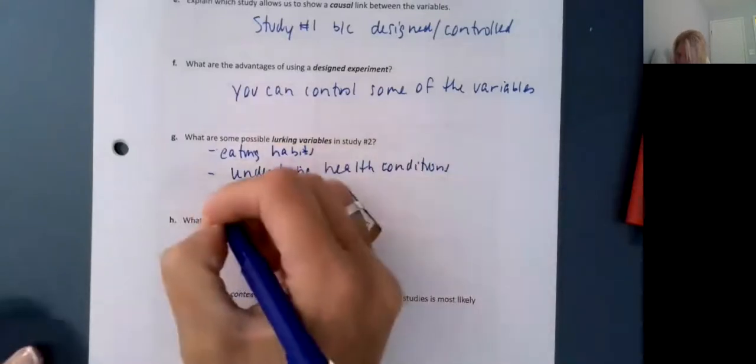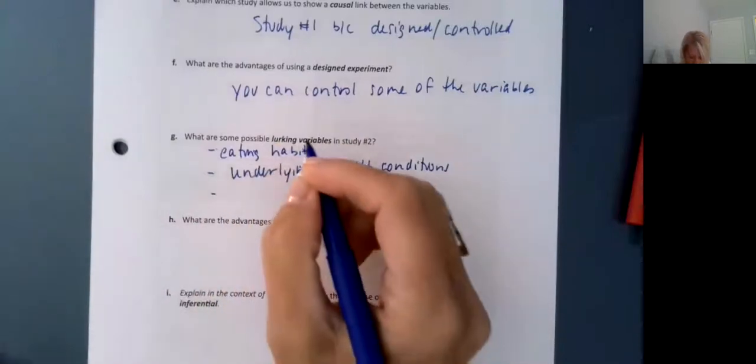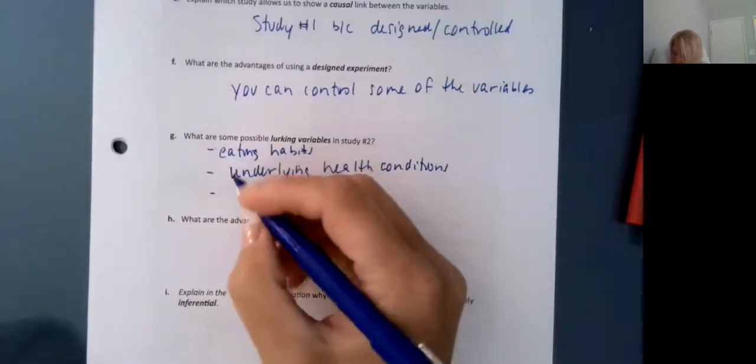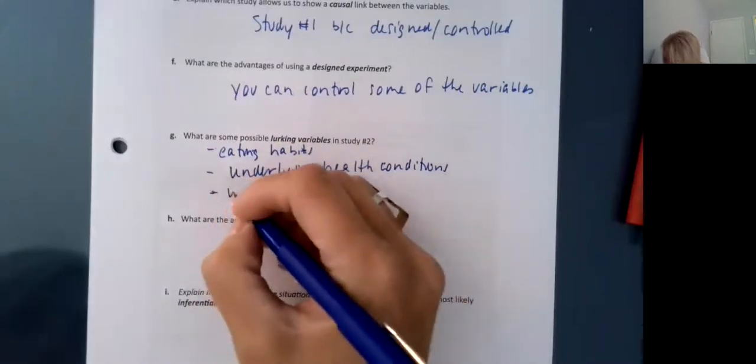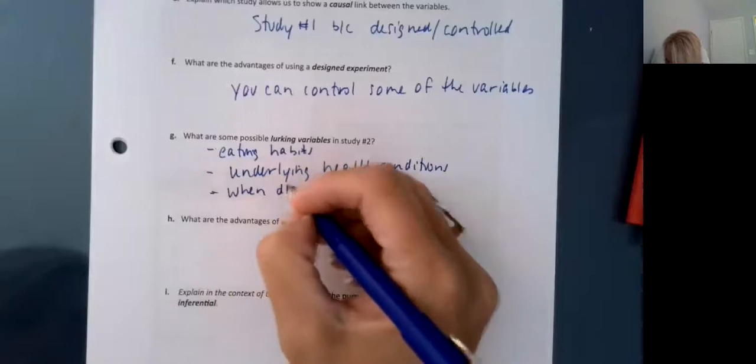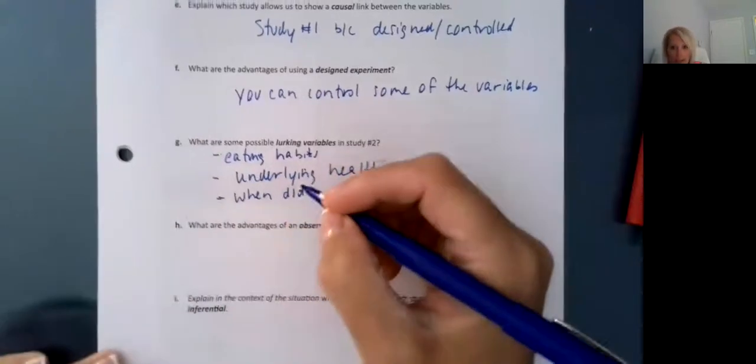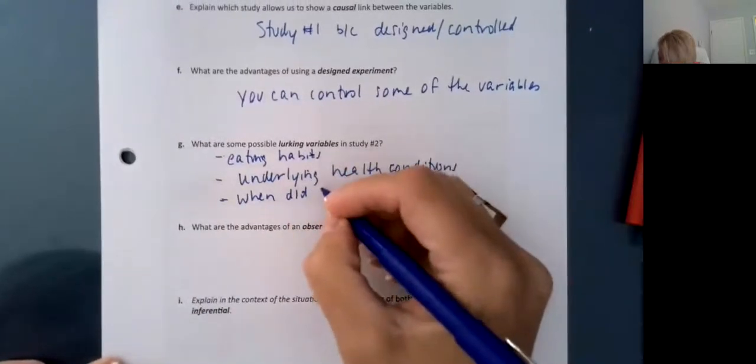And another one I could think of, you could probably think of some other ones yourself, but another one is you don't know when they started smoking. So we just know that they had been smoking for 10 years.